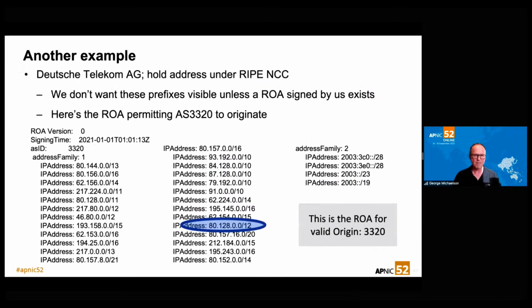But this time, let's look at a ROA made by Deutsche Telekom in Germany with a non-AS0 ROA. This is a real operational ROA for their origin AS3320. And it says they can send all kinds of prefixes, and it permits them to route a /12 that they have from origin AS3320. So this is how they say, we want to have this done.